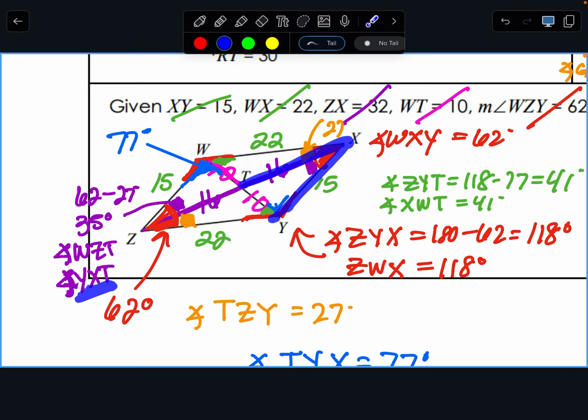I can also call it TXY. I can call it YXZ. Any start, turn, and end point on here, either direction works. So when you're looking at these, you're looking at the order of the letters, like XWT or TWX, frontwards or backwards works.